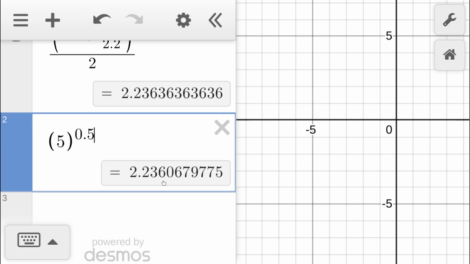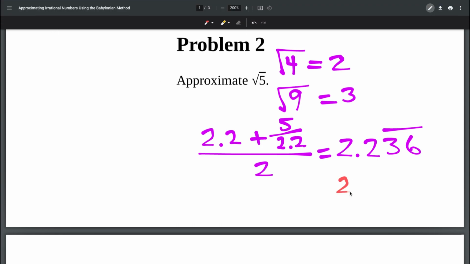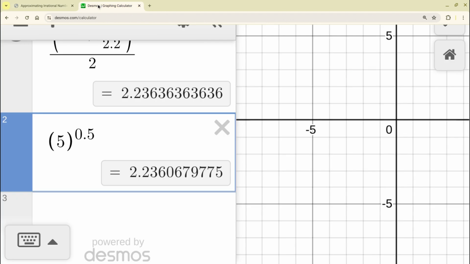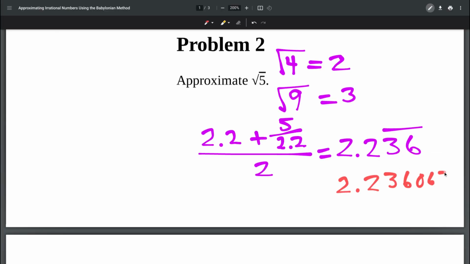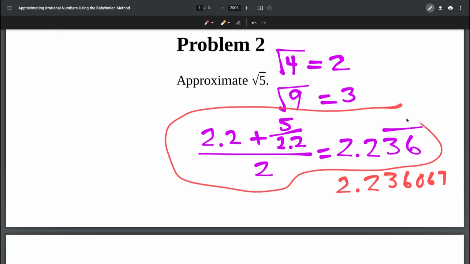So we get 2.236067. So again, with this method, we're accurate to the thousandths place, which is pretty accurate. Okay, so again, I would show my work like this if I were doing this on a test as a student, or if I was checking this as a teacher, this is what I'd want to see.